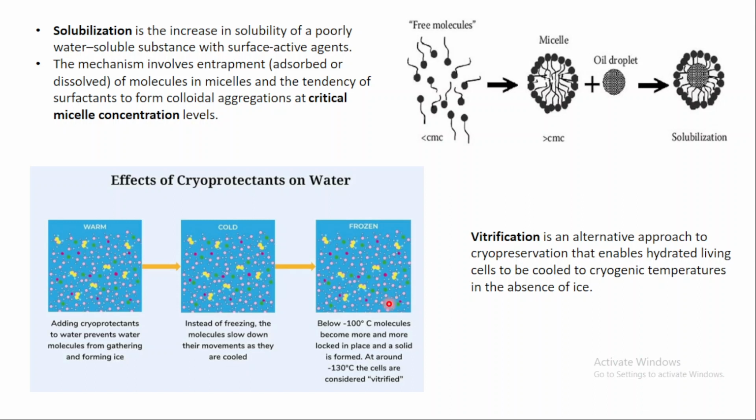Below some minus 100 degrees Celsius, molecules become more and more locked in place and a solid is formed. At around minus 130 degrees Celsius, the cells are considered vitrified. So vitrification can achieve temperatures as low as minus 130 degrees Celsius.